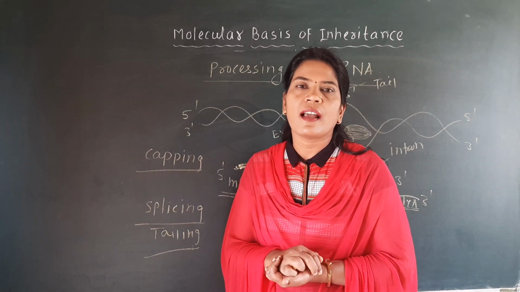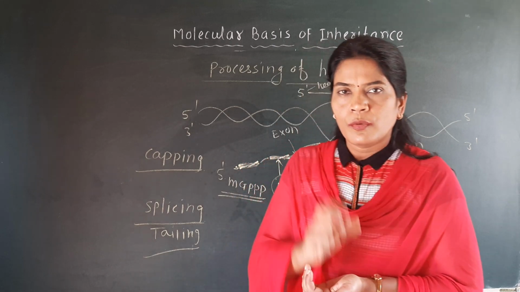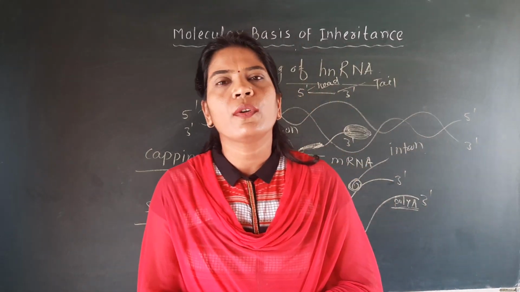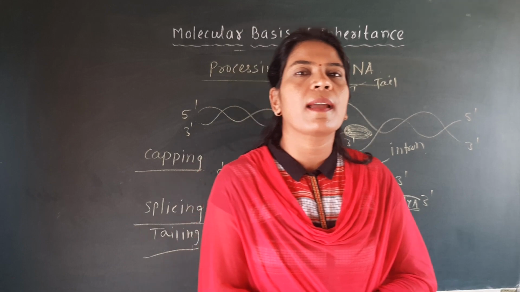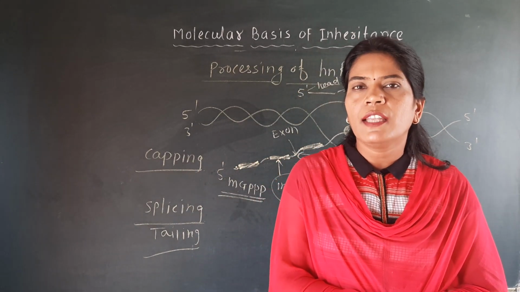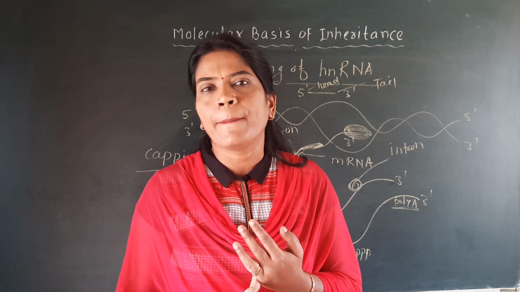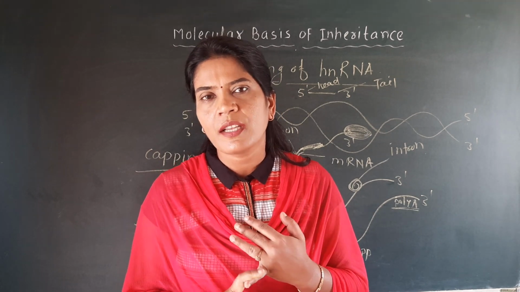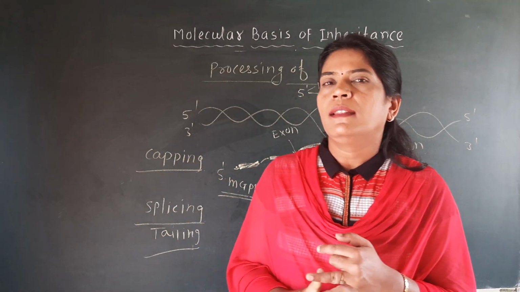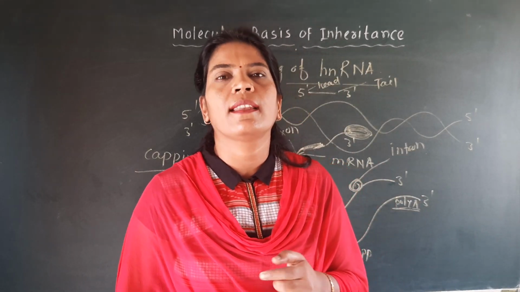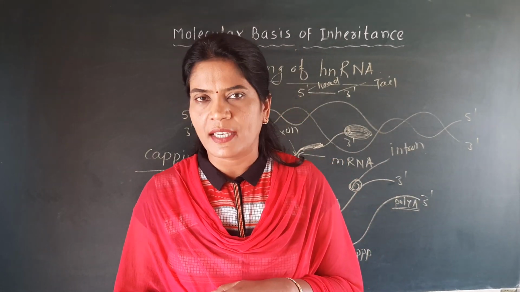Questions are always asked as a long question for 4 marks, that is, what is meant by transcription, describe the process in detail. Then you have to complete that answer by the 4 points: transcription, transcription unit, and the gene, and the last part is the processing of the hnRNA.